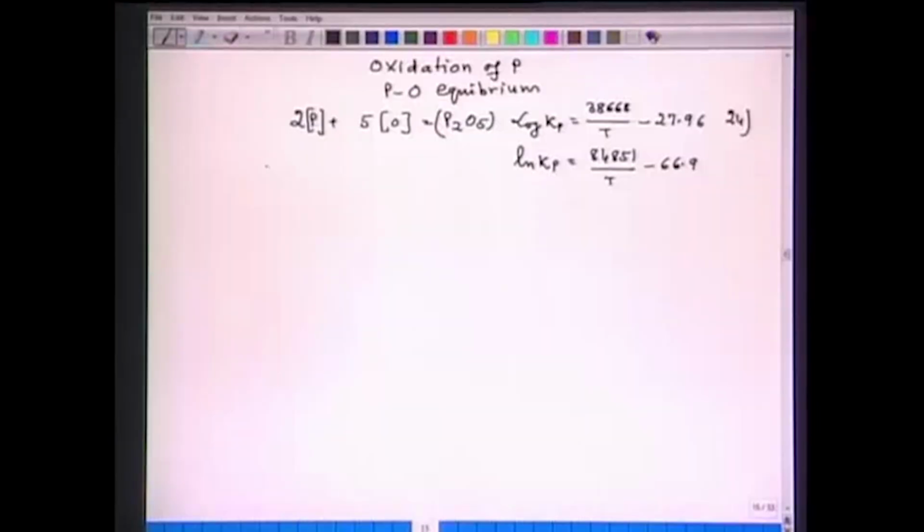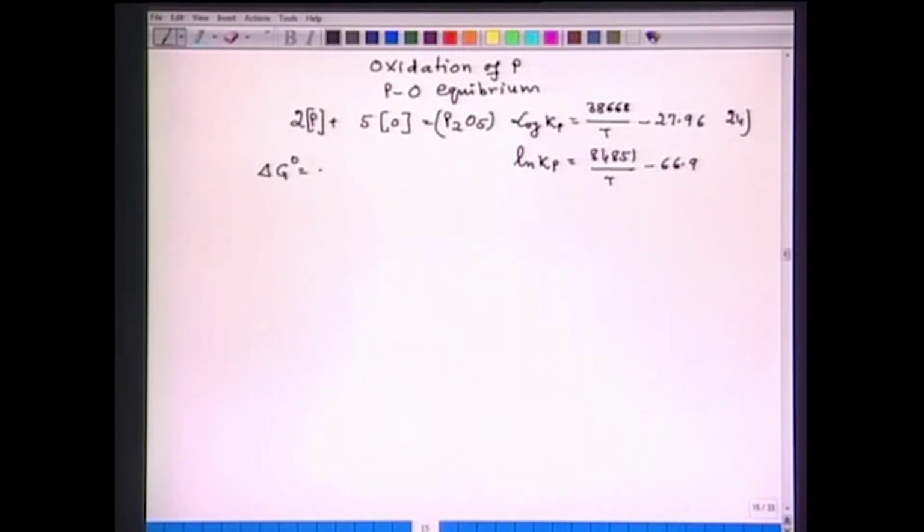The earlier equation is in terms of log. So, if you calculate from both these values at a particular temperature, the value of K will come out slightly different, but the trend of prediction with the temperature is the same in both cases. I only want to tell you that, depending on the source which you take for your calculation, the values may differ slightly.